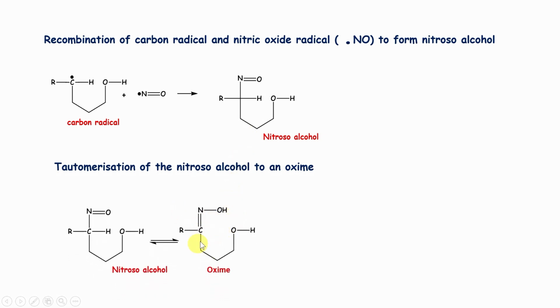It is the oxime produced by the Barton reaction. The nitroso alcohol formed gets tautomerized, forming this product, hydroxy oxime. Okay, that is the mechanism of the Barton nitrite ester reaction.